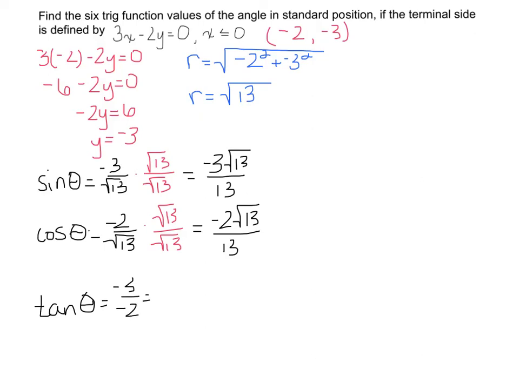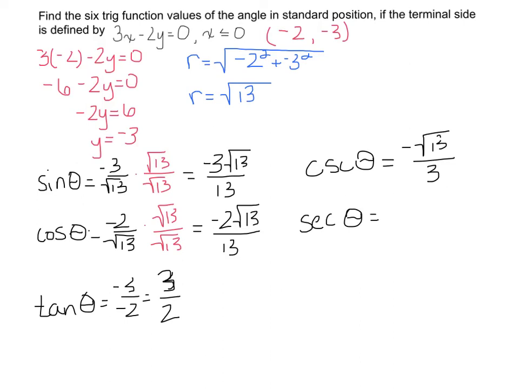A negative over a negative is positive. This becomes 3/2. Here I remember to make sure that my negative sign stayed in the numerator. Same with the secant, kept my negative in the numerator. That shouldn't be tangent, that should be cotangent.